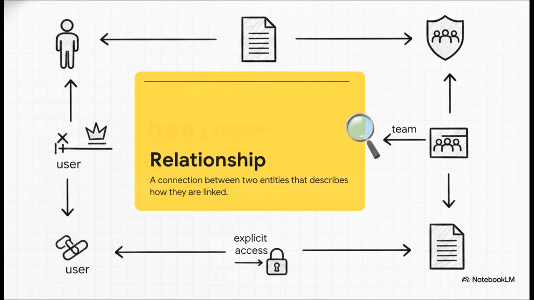It looks at nodes, like users, documents, or teams, and it evaluates the edges or relationships between them. It asks, does user A have a direct line to document B because they created it? Or are they part of a group that has a line to document B? We ask if someone owns a file, or if they are part of a specific team that was explicitly granted access. It is a completely different way of mapping human intent into software logic.